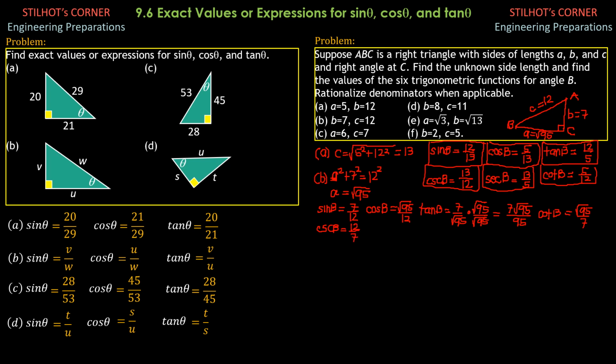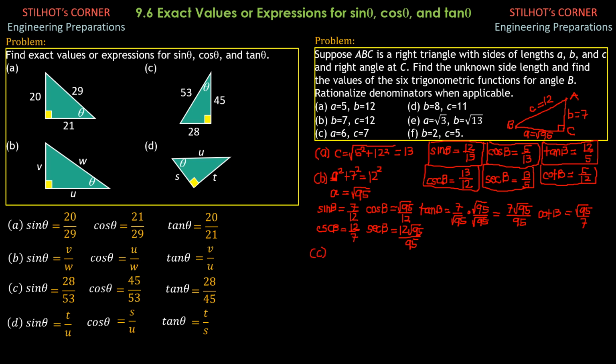And finally, for the reciprocal of cosine, secant of B is 12 over square root of 95. Since we multiply by square root of 95 over square root of 95 to rationalize the denominator, it becomes 12 square root of 95 over 95. So that's secant of B, the final answer.